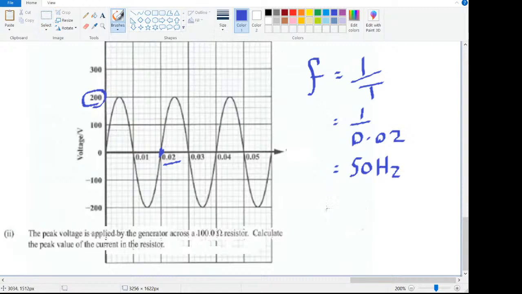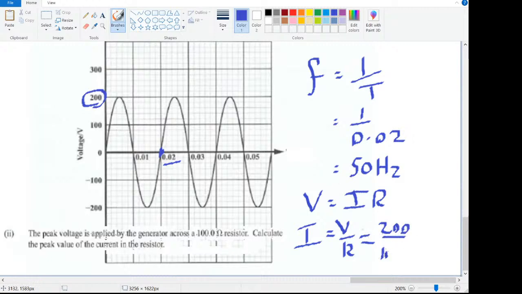Well, this is V equals IR, so I is V over R. You can see the peak voltage is 200 and the resistance is 100. So that is 2 amps. That is all.